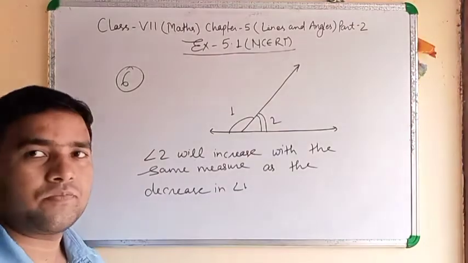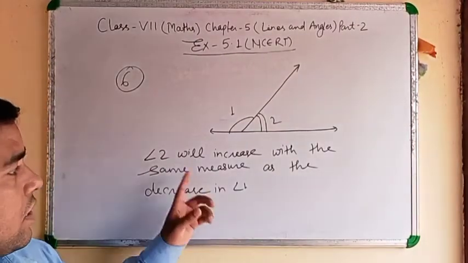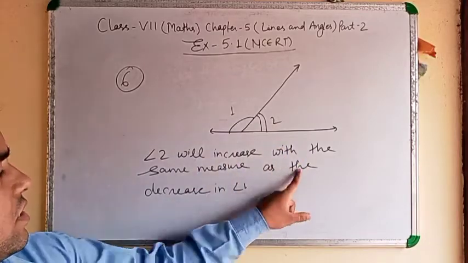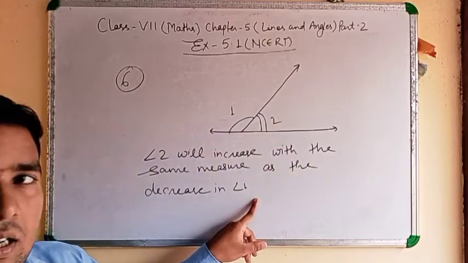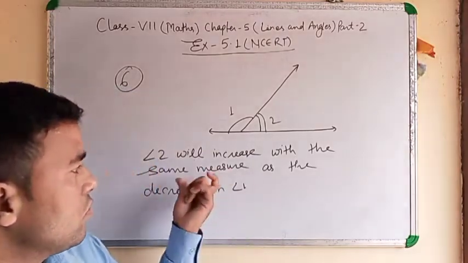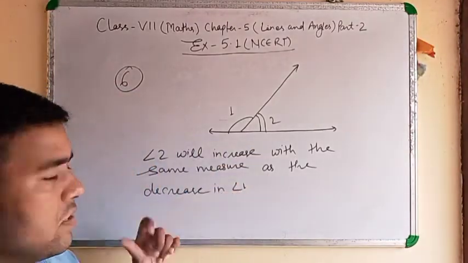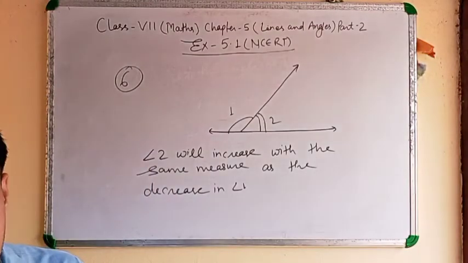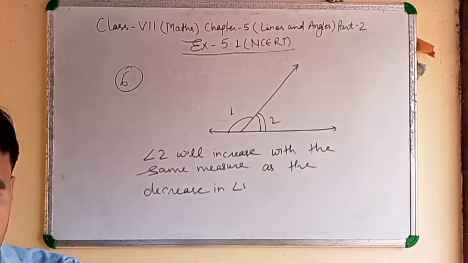Clear? Angle 2 will increase with the same measure as the decrease in angle 1. Clear? Means angle 2 you can increase and angle 1 decrease. Clear? It is the solution of question number 6.